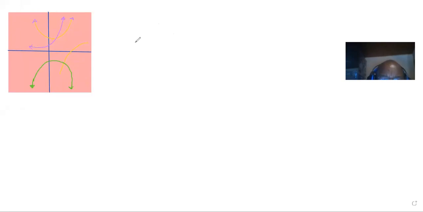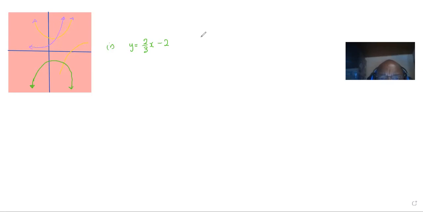The linear function y is equal to 2/3 x minus 2. That is the first one.